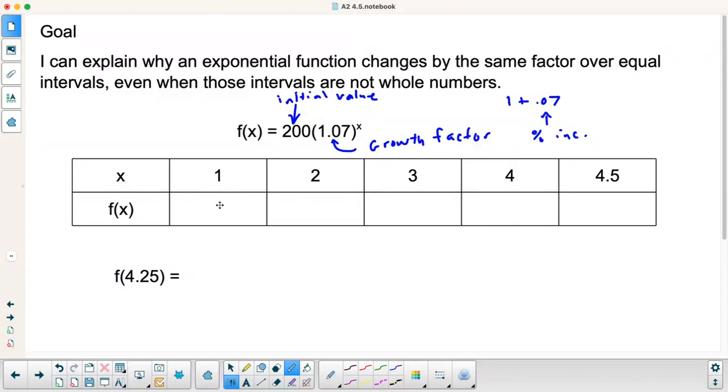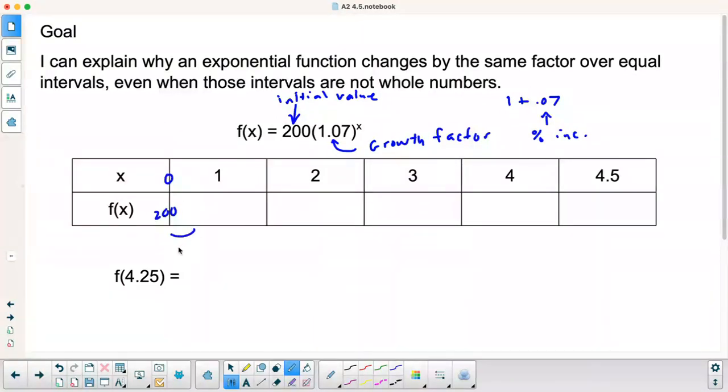So you start realizing here, the 0 term would be 200. If I start multiplying by 1.07, you take your calculator, 200, really if I had a 0 here, 0 would be 200.